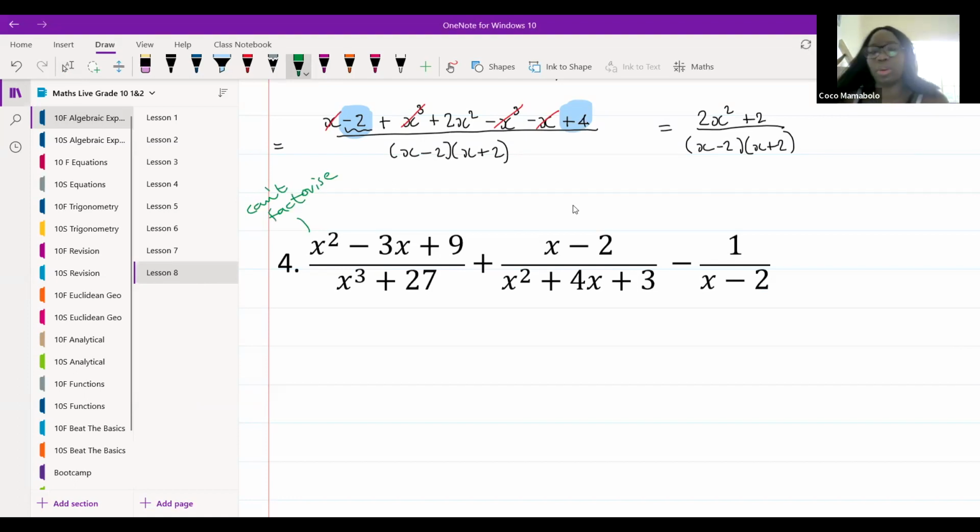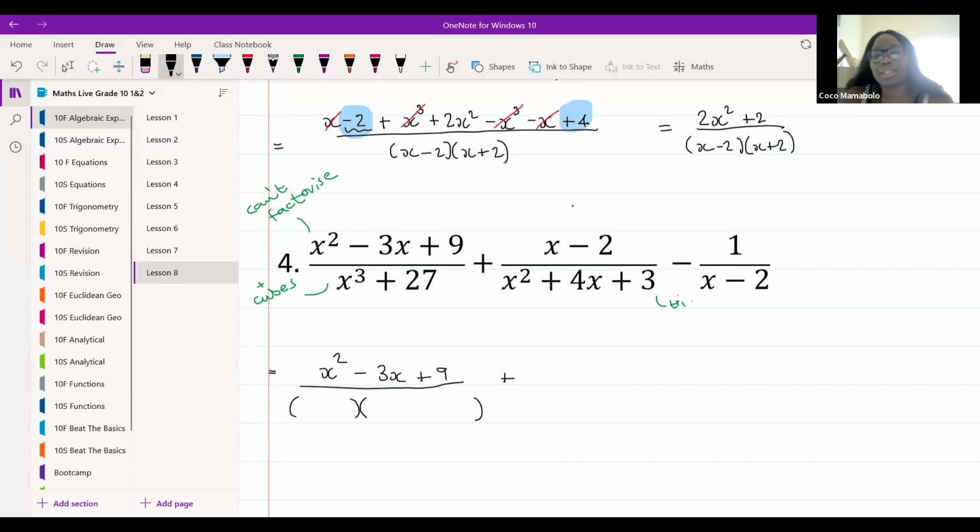At the bottom over here, I've got a sum of cubes. And over here, I've got a trinomial. So I need to factorize those completely before we continue. All right, so I'm going to get x squared minus 3x plus 9 over... Now, if I factorize the bottom here, I know that it's a cube, so I'm going to open a small bracket and a big bracket.